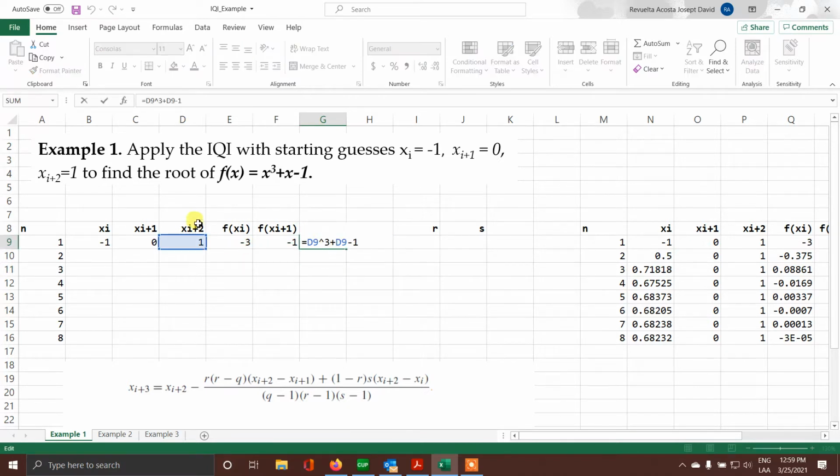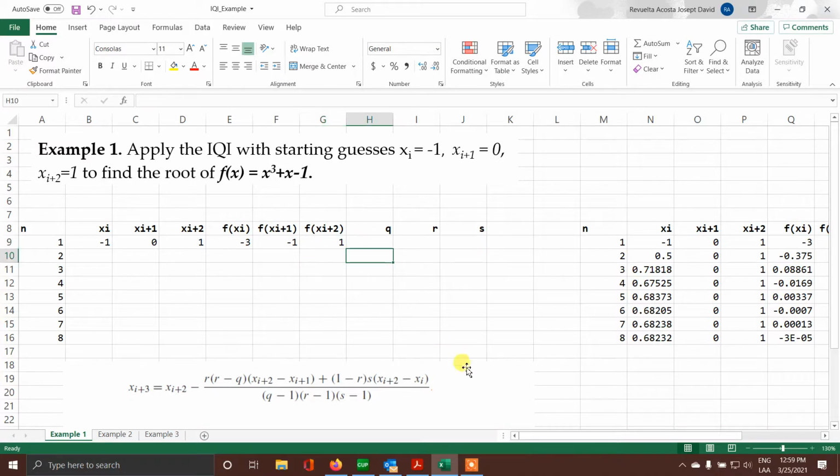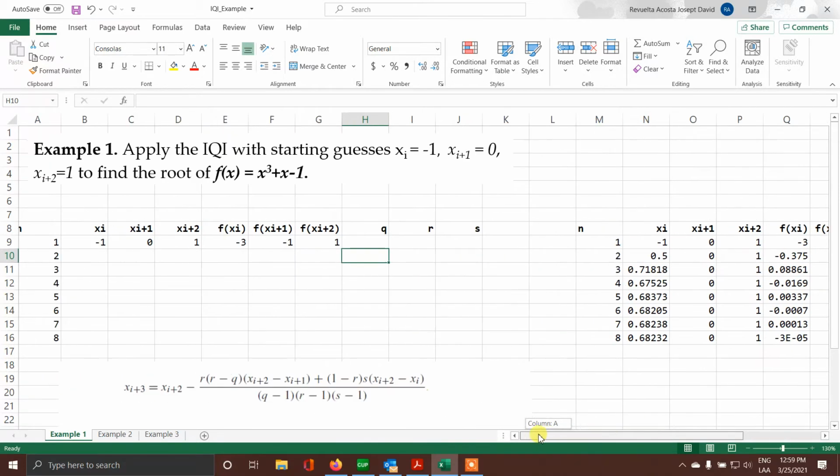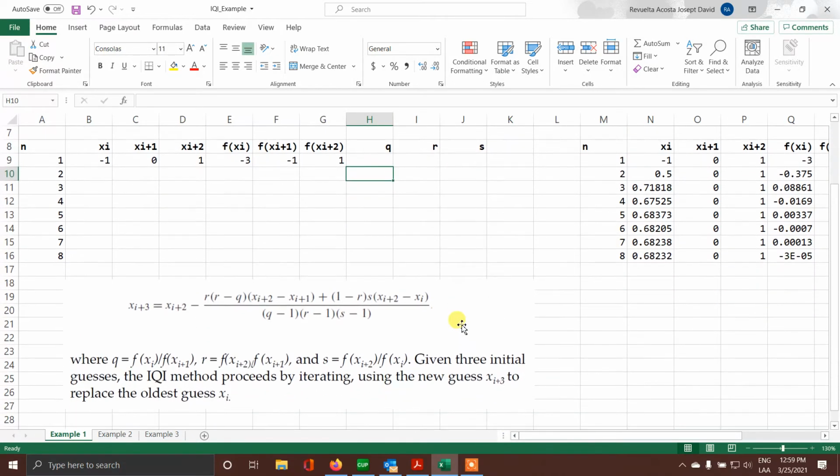But additionally, we have to compute Q, R, and S. So we already know that Q is equal to f(xi) divided by f(xi plus 1). So it's going to be this one. We also know that R is going to be equal to f(xi plus 2) divided by f(xi plus 1), which is this one.